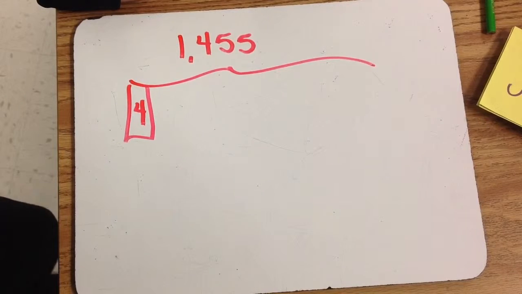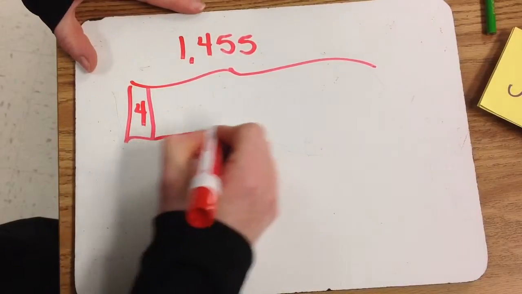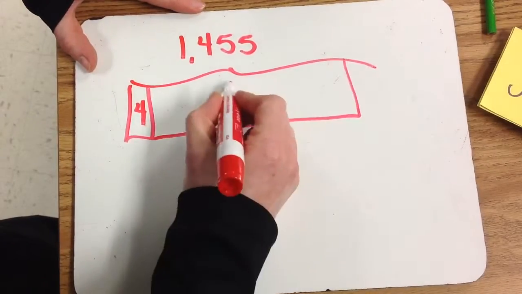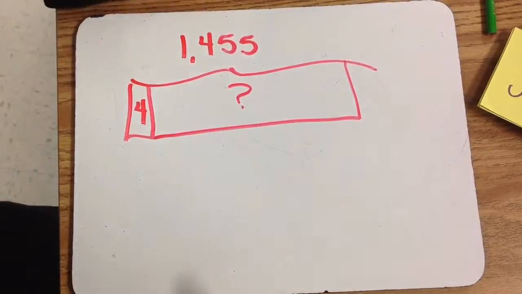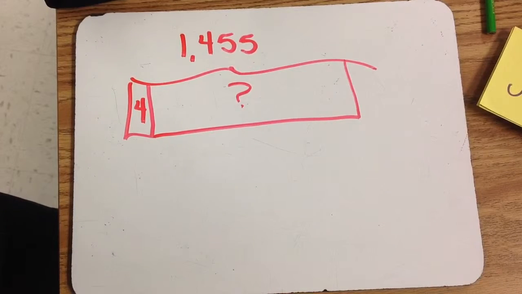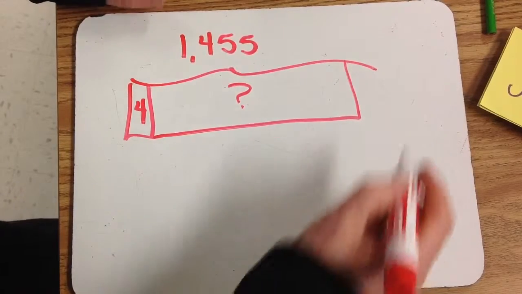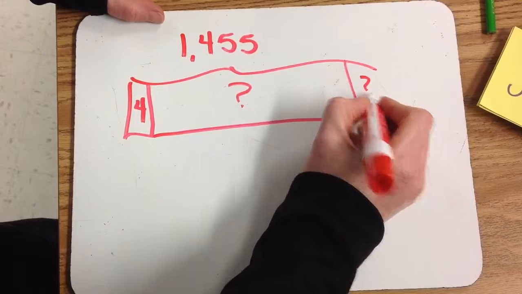How many complete packs can they make? How many packs of 4 can I get? And how many more bottles do they need to make another pack? So that's telling me that there might be a remainder.